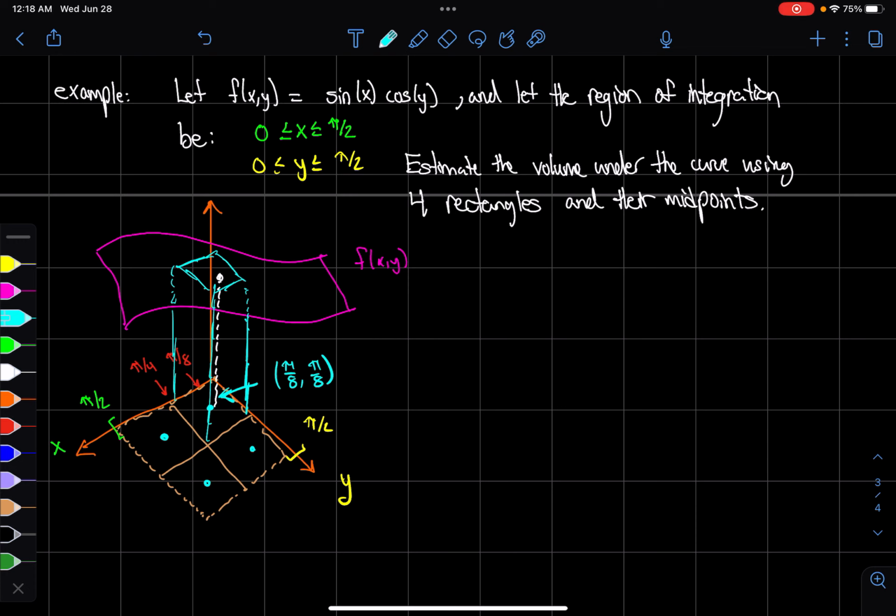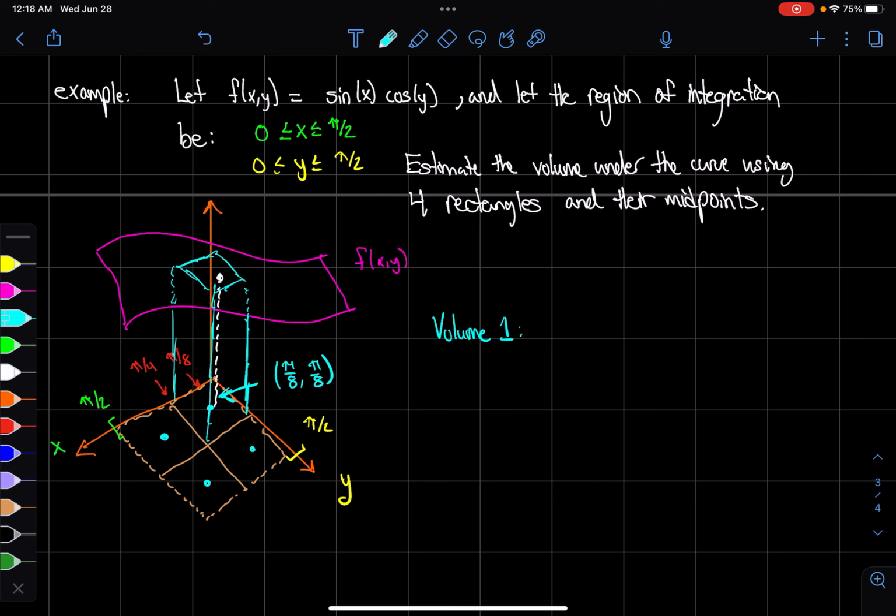That's my rough visual aid, okay? And I'm going to call that area 1, okay? Oh, excuse me, not area 1. We are no longer in 2D, we are in 3D. This is volume 1. Okay? And so the question is, what is the volume of that particular rectangular prism?